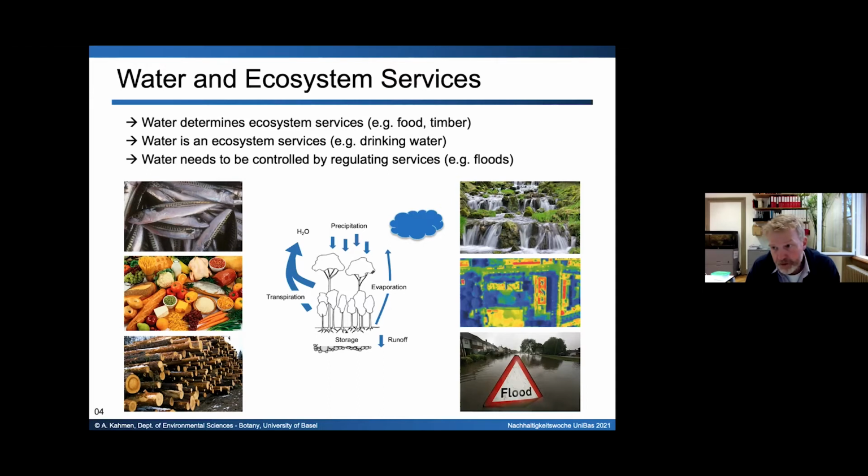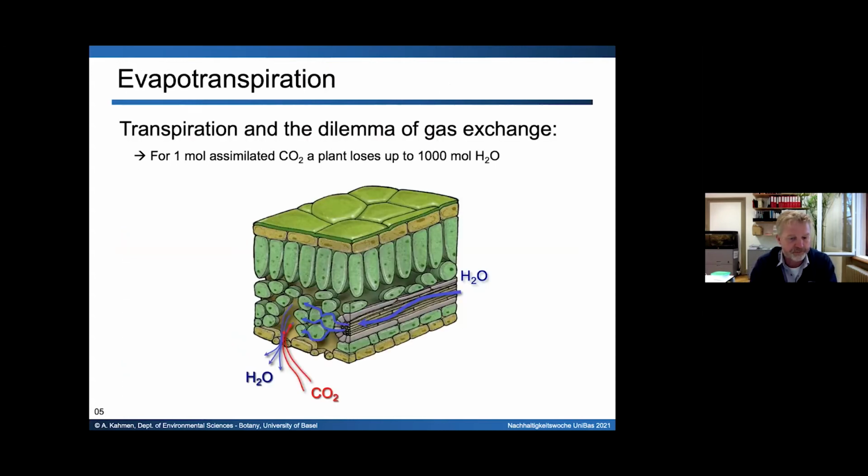Now I'm a plant biologist, and I'm of course primarily interested in the role of plants in terrestrial ecosystems. And as I showed you before, plant growth is heavily dependent on water. Before I discuss this very simple cartoon of an ecosystem water balance, I'd quickly say a few words about why plants actually need so much water.